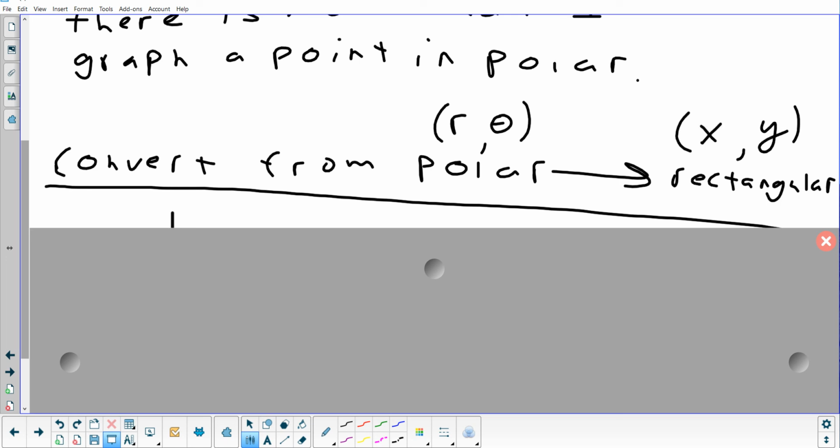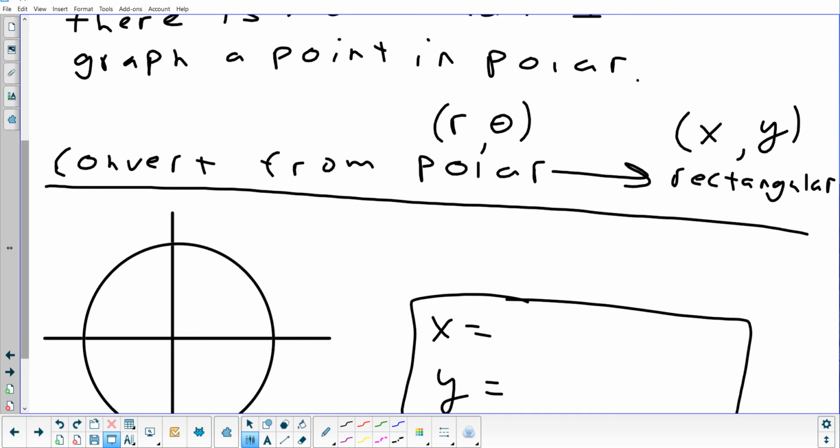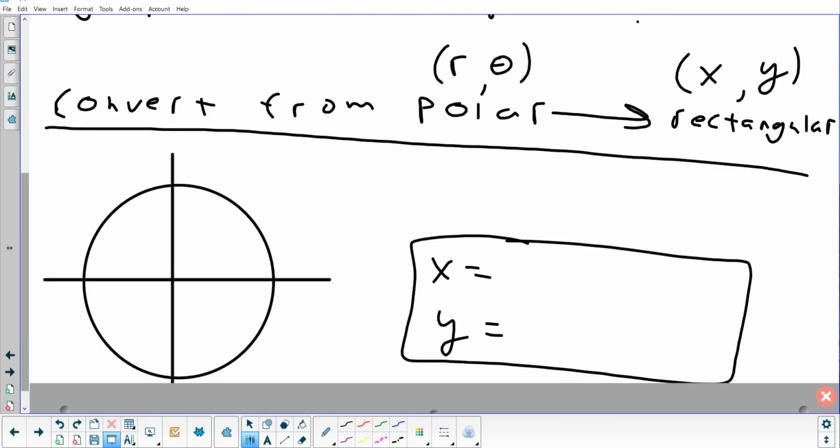So we have to convert between r and theta and get that to be an x and a y. Let's pretend we have a point in polar. That point has a certain radius from the origin, that's my radius, and it has a certain angle of rotation to get to that point.